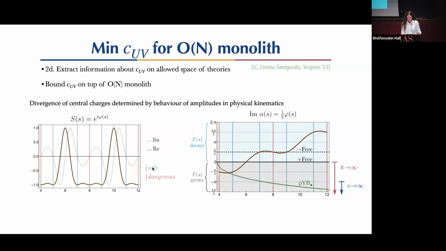So this is what we call safe and dangerous points. Basically, how many times the amplitude crosses -1 with a given imaginary part. That will either make the form factor grow too much, and then the central charge will diverge. Or if you don't have any of these points, then you're in the safe region and the central charge is finite. Okay, that's for the monolith.